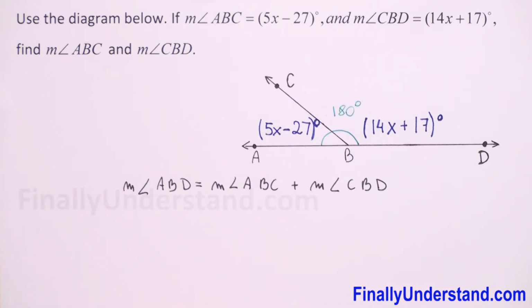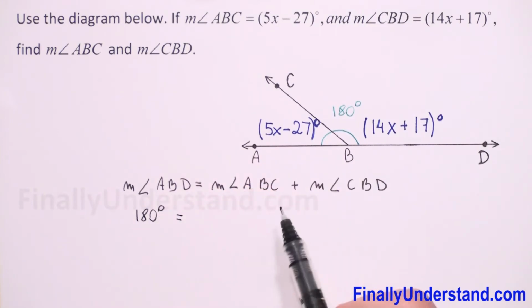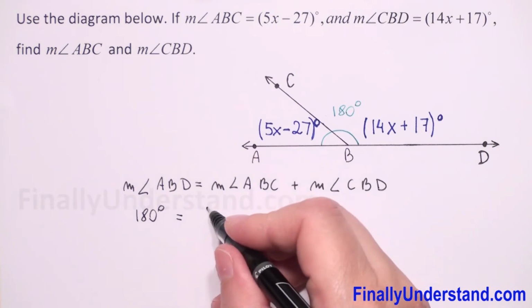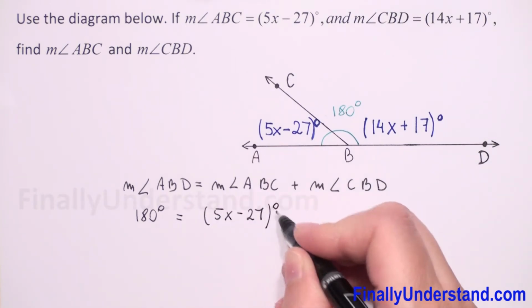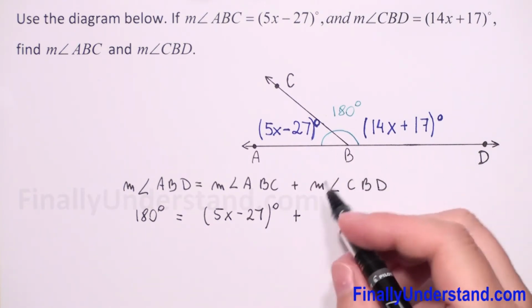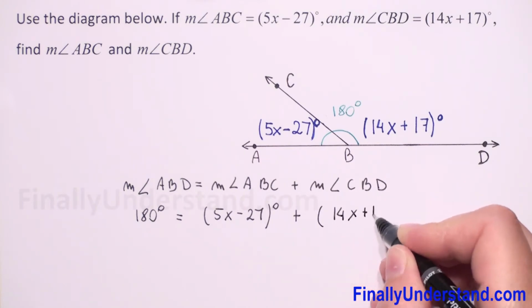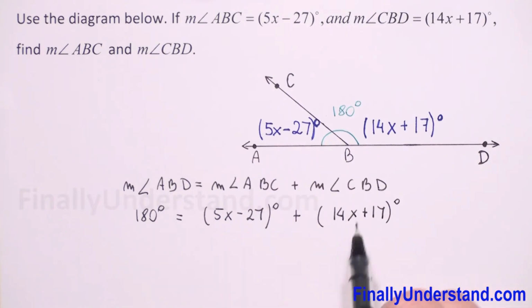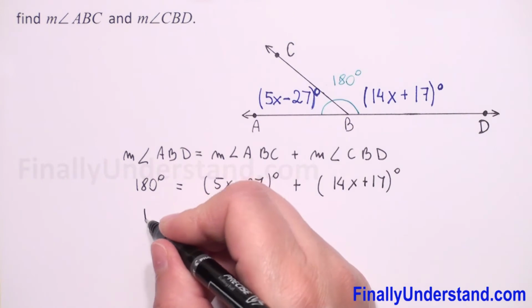So we have 180 degrees is equal, and the measure of angle ABC is given by this expression, 5x minus 27 degrees, plus the measure of angle CBD, given by the expression 14x plus 17. So let's forget about degrees and we can rewrite our equation.